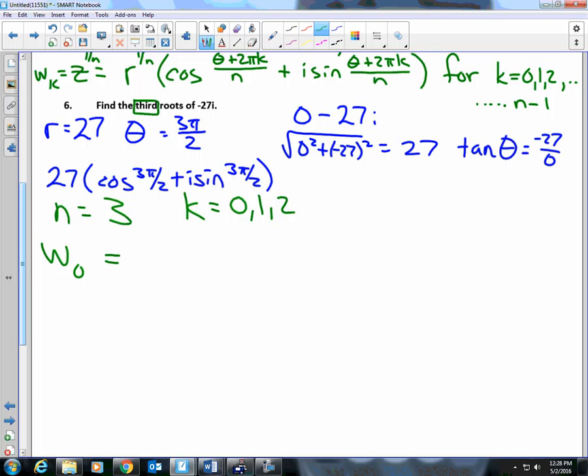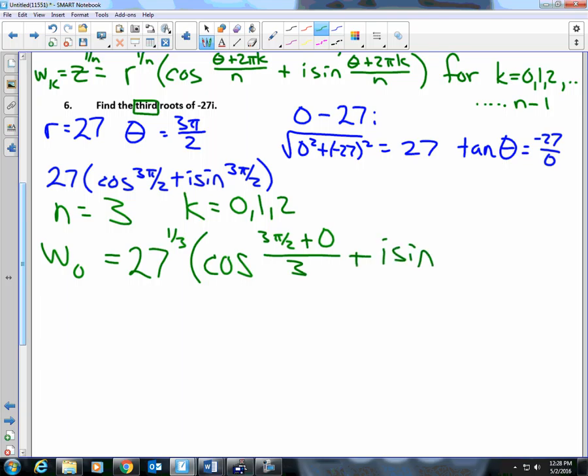What is r? 27 to the 1 over n. 1/3 times the cosine of, what is theta? 3 pi over 2 plus 2 times pi times k. What is our k value? 0. So 2 times pi times 0 will be 0 over, what is n? 3.